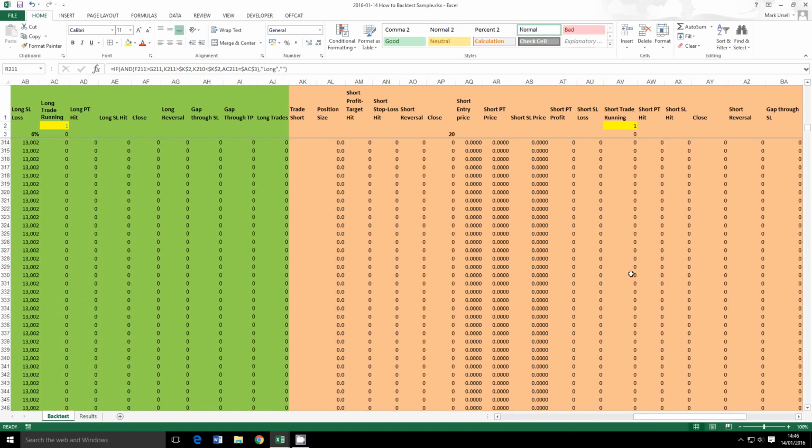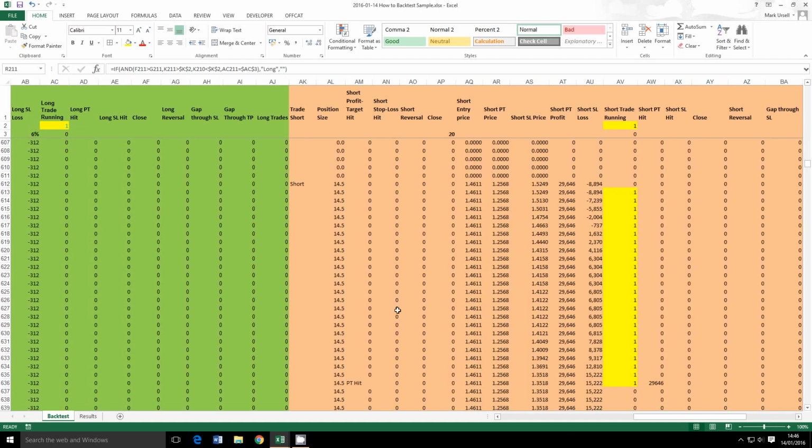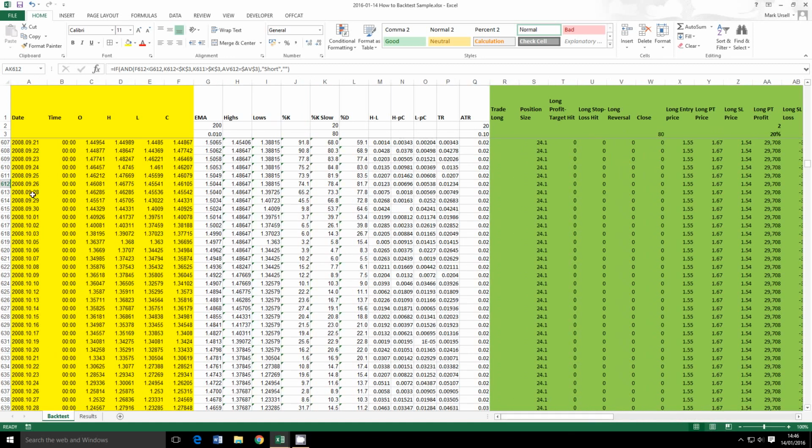If I go down a bit, I wonder if we can find a short trade. Well, we've had lots of long trades. Obviously, the market was strong for that period, but we can see here a sample of a short trade. Now, it opened on this day, the September the 26th, 2008. Now, we want to know that the closing price was lower than the EMA.